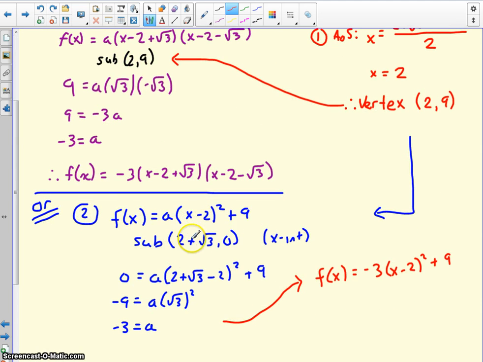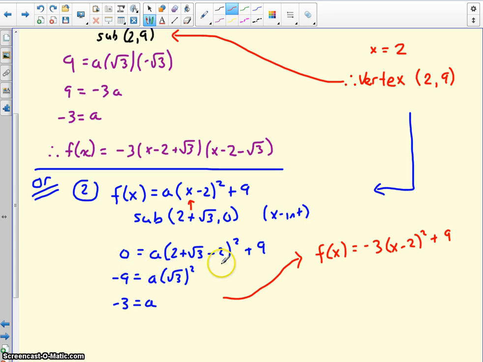So 2 plus root 3 goes in the equation for x. 0 goes in the equation for y, or f of x. And again, once you have that, you'll see that inside the bracket, 2 minus 2, those cancel out, so you're left with root 3 squared, which is just 3, and you can solve that equation for a, and again get the equation in vertex form.